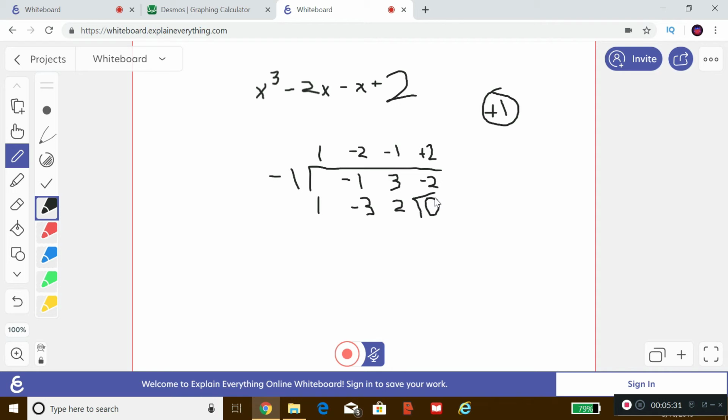So you see I got a 0, so I know that I divided this synthetically right, okay?